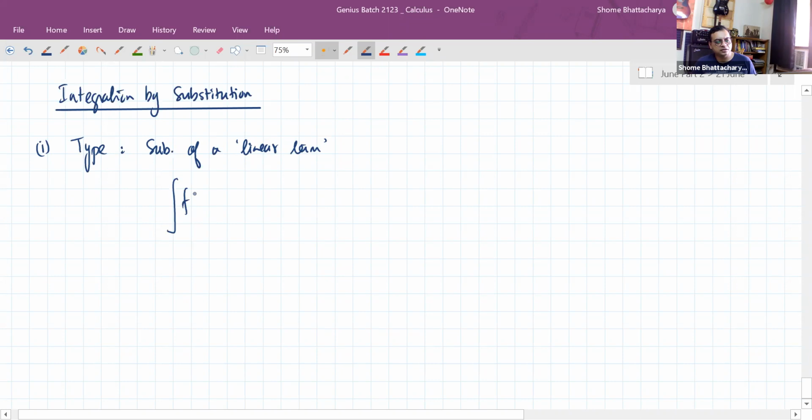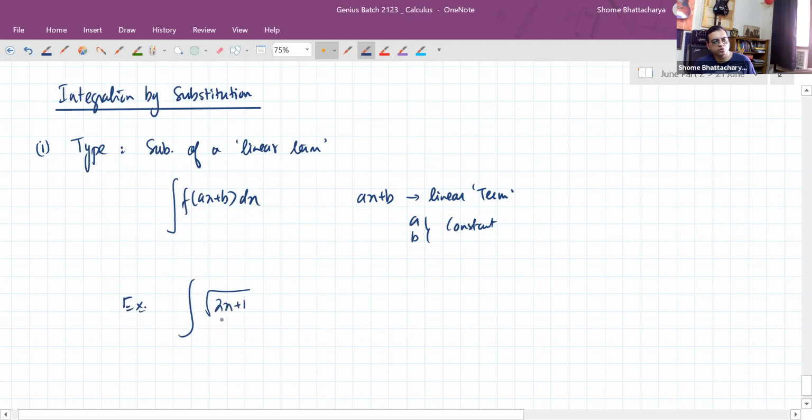We are integrating this type of a function where ax plus b is a linear term. So a and b are constants. For example, suppose we are integrating square root of 2x plus 1 with respect to x.